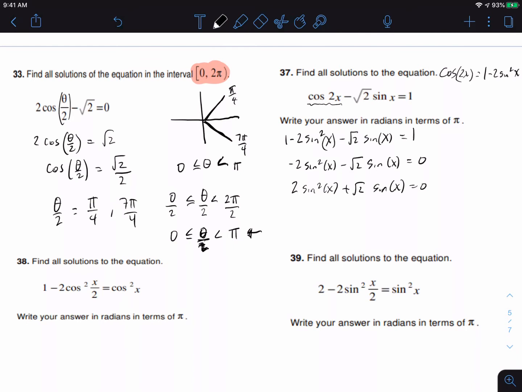And now what I can do is I can factor out a sine. So I'm going to get sine of x times 2 sine of x plus radical 2 is equal to 0. And now I have two equations, right? I'm going to have sine of x is equal to 0, or 2 sine of x plus radical 2 is equal to 0.